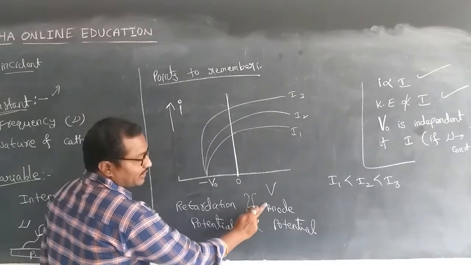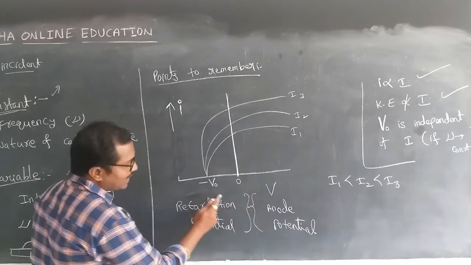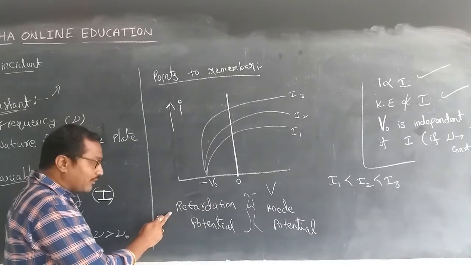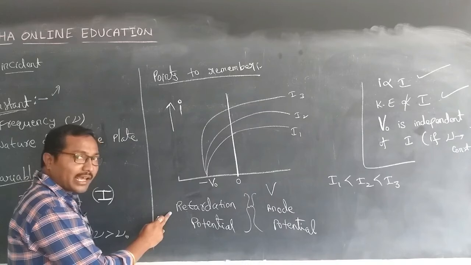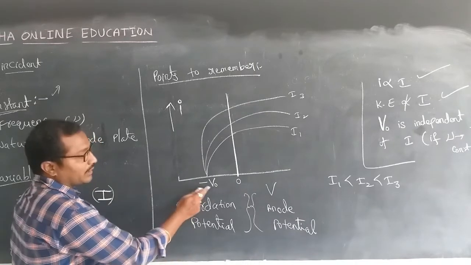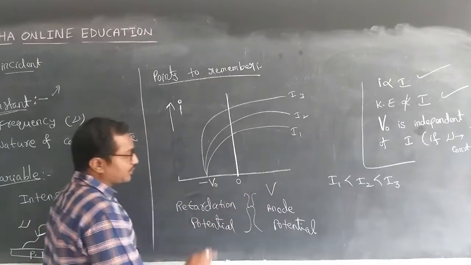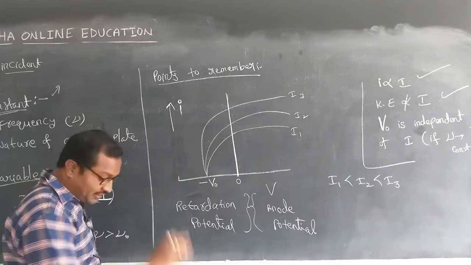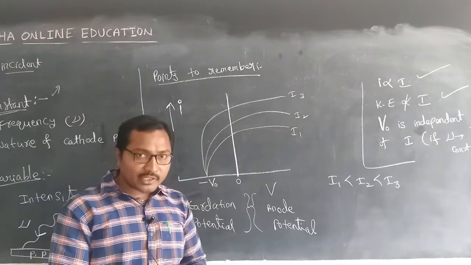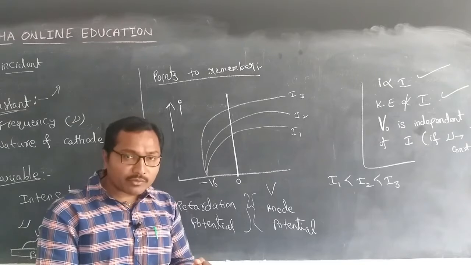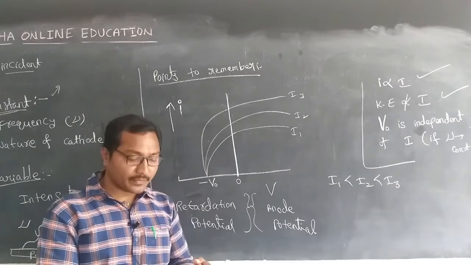See here, this is the anode potential and this is the retarding potential, otherwise the cathode or negative potential. Negative side and this is the positive side. So V0 is the stopping potential. It means stopping potential is constant for the same type of cathode plate.